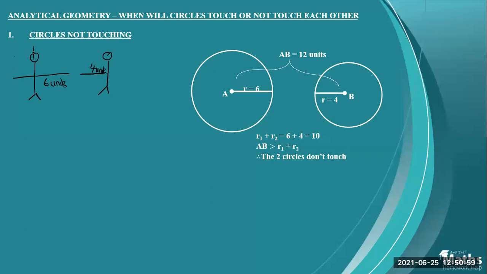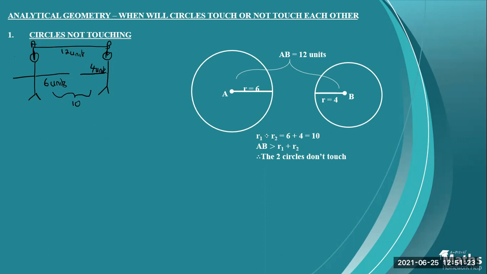But the midpoint between this guy and the midpoint of that guy, so we say the distance from A to B, in my example, is 12 units. And because the length of the two arms that we add up is only 10 units, 6 plus 4 is 10, it means they won't be able to touch each other.